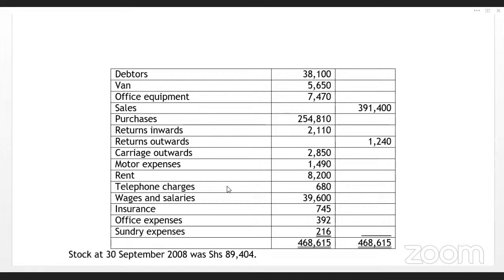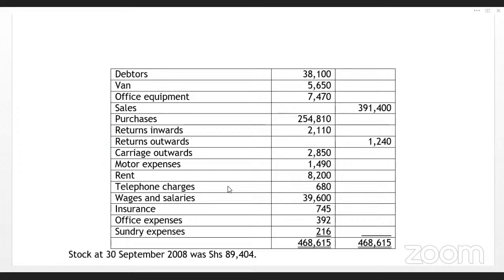Debtors 38,100. Van 5,650. Office equipment 7,470. Sales 391,400. Purchases 254,810.